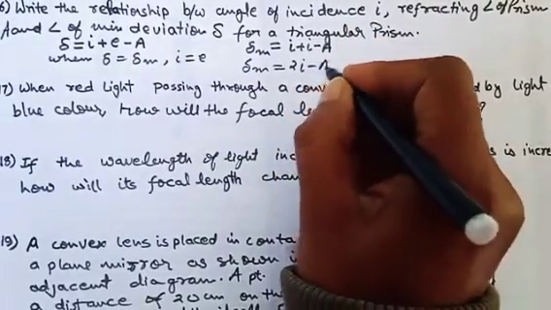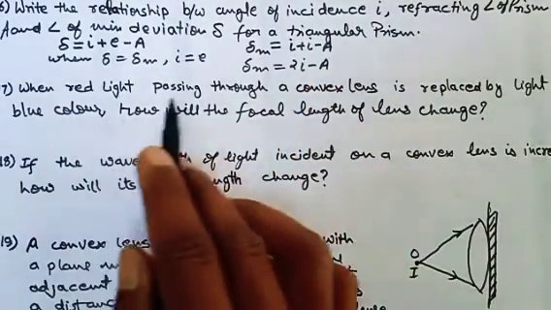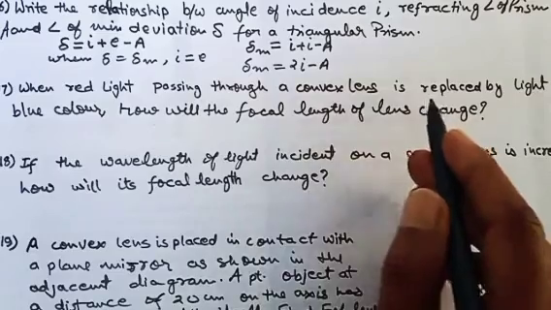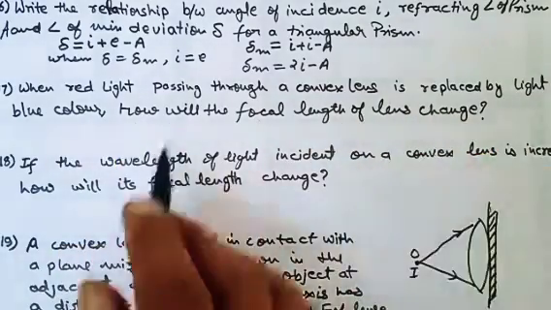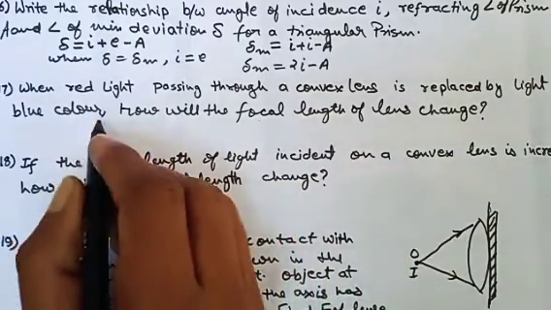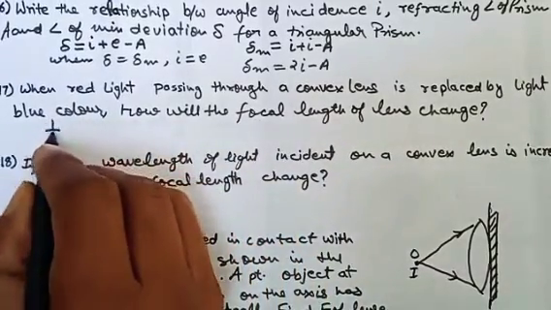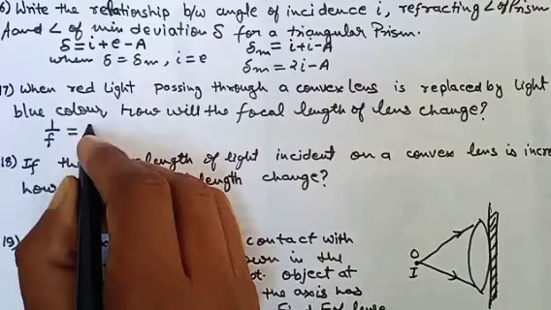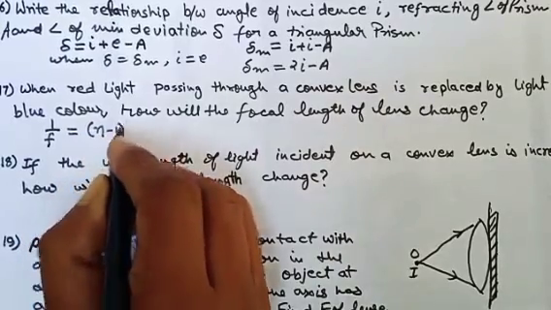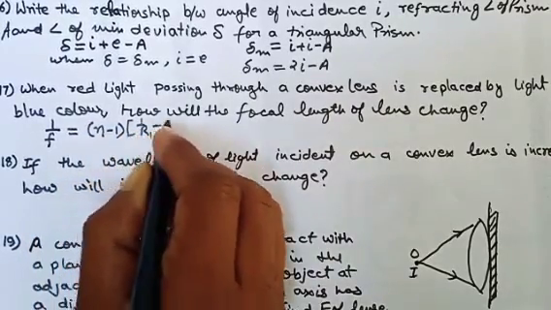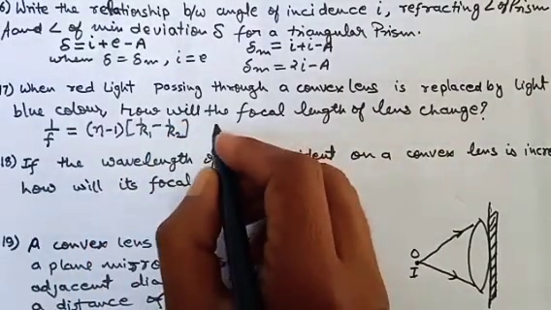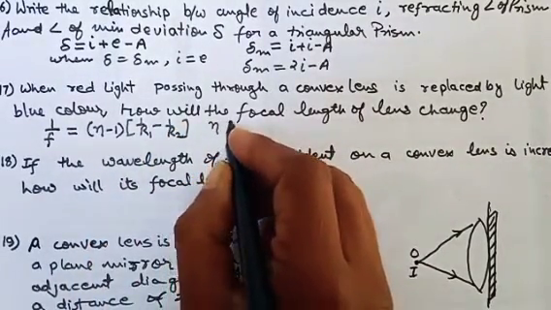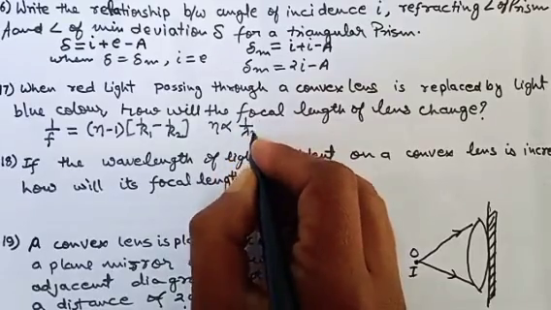Delta m equals 2I minus A, this is the required relation. When red light passing through a convex lens is replaced by blue color, how will the focal length change? A similar question came earlier, but okay, I will do it here also. We know 1 upon F is equal to eta minus 1 and all of these terms. Also we know that eta is inversely proportional to wavelength in that medium.